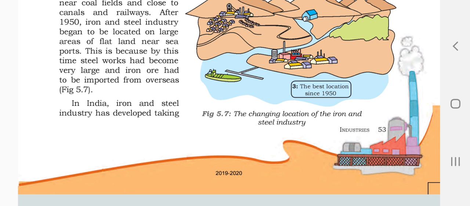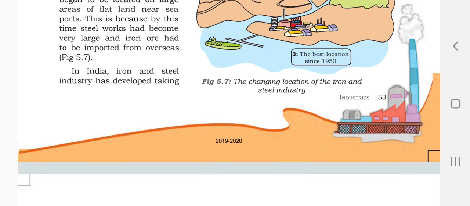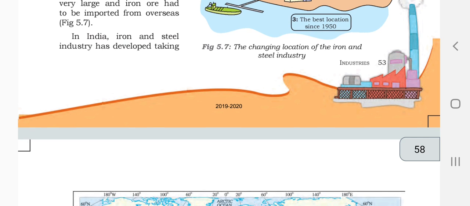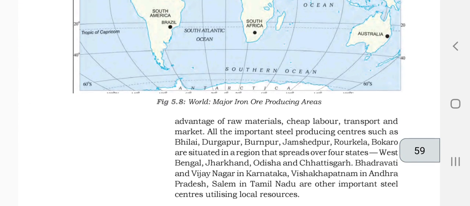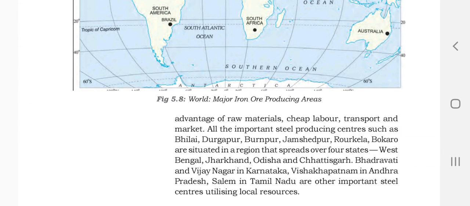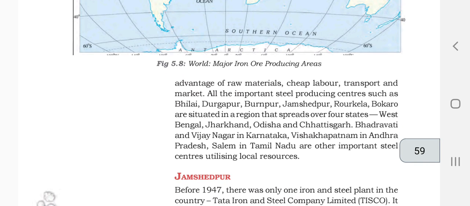In India, iron and steel industries have developed, taking advantage of the raw materials. Cheap labor, transport, and markets also help these industries. All of the important steel production centers are such as Bhilai, Durgapur, Burnpur, Jamshedpur, Rourkela, Bokaro, in Bengal, Jharkhand, Odisha, and Chhattisgarh.